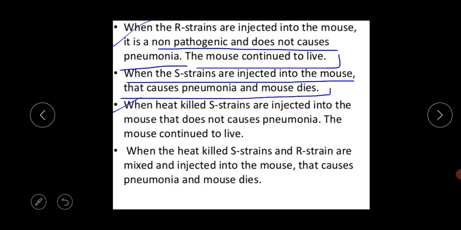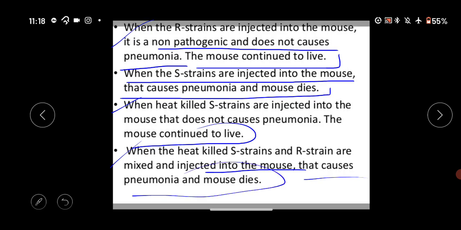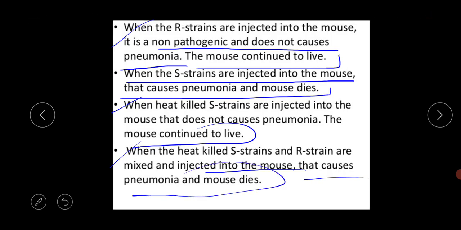In case study 3, when heat-killed S strains are injected, the mice did not suffer from pneumonia and thus survived. And the last case study is when a mixture of the non-virulent strain and heat-killed S strain is injected into the mouse, it causes pneumonia and the mouse dies. So this is the total of four case studies.